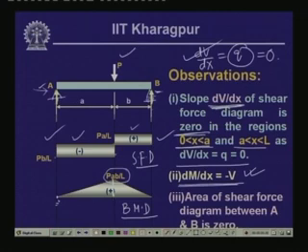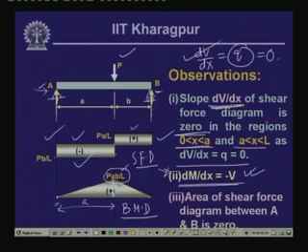So the dM/dx, the slope over here, is equal to this moment minus this moment divided by this length a. So Pab by L minus 0 divided by a gives us Pb by L, and the negative of Pb by L is the shear force at this particular location. So this equation again matches diagrammatically over here.